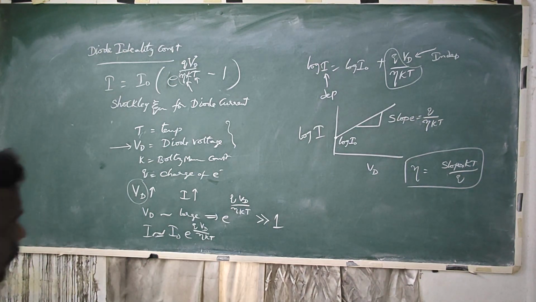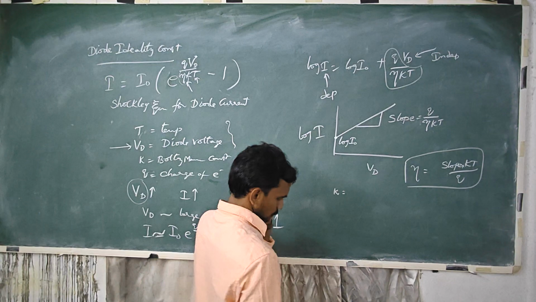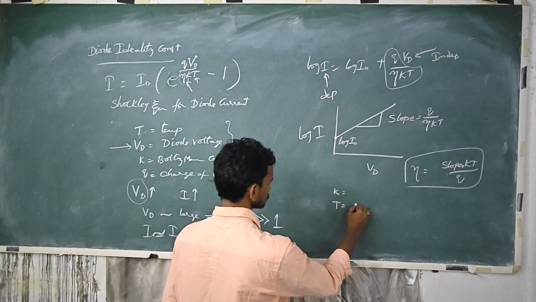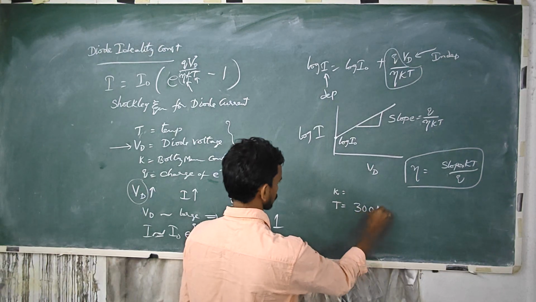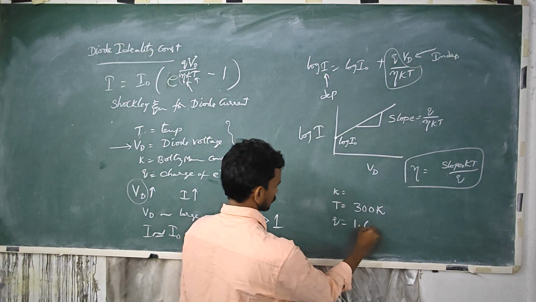So here k is Boltzmann constant. What is its value? T is temperature in kelvins. q is charge of electron.